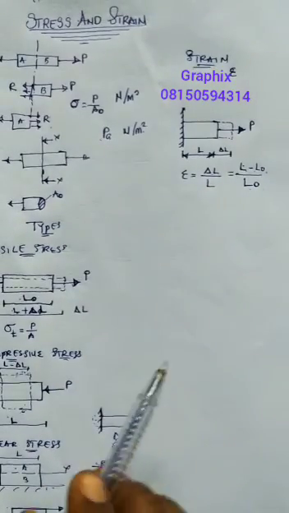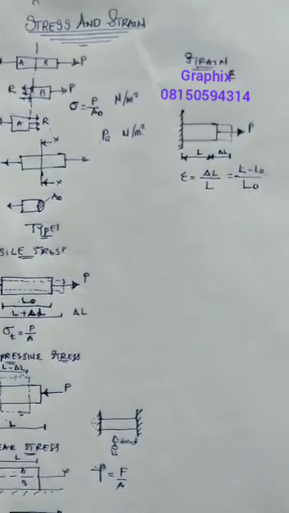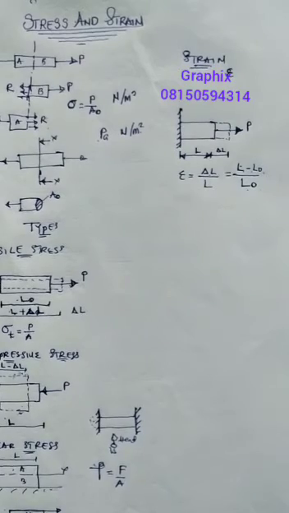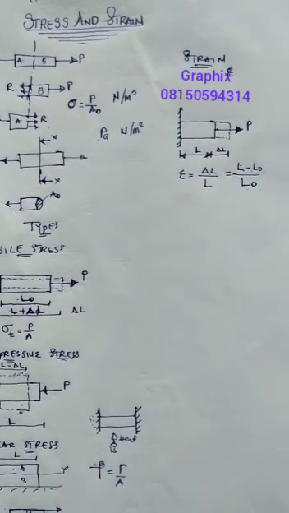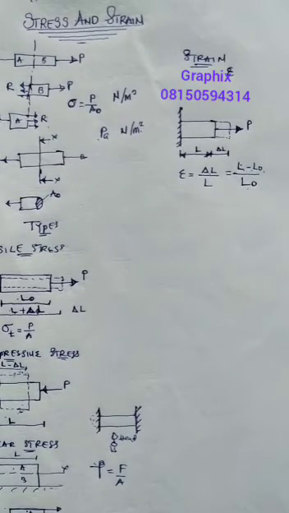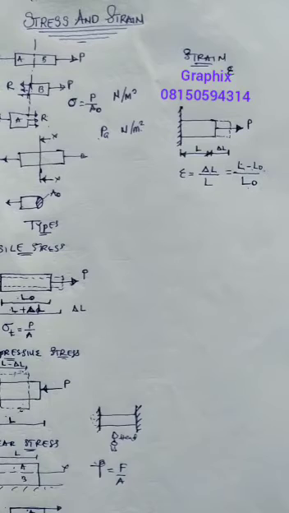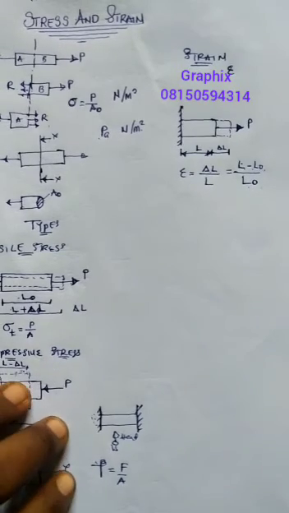So now let's proceed. The strain doesn't have any unit. Is that taken? The strain has no unit. We should understand that we also have different types of strain: the shear strain, the compressive strain, and the tensile strain.